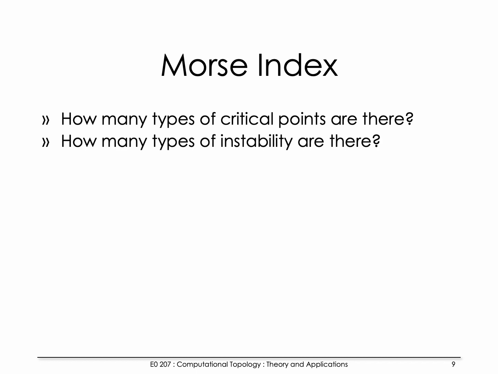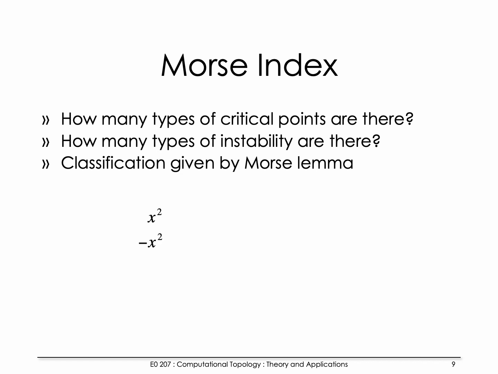How does this relate to the types of instability? How many types of instabilities are possible? We saw that the Morse lemma answers these questions. It gave a classification by stating that in the neighborhood of a critical point for a 1D function, the function can be written as either x squared or minus x squared. There is a constant term that I am ignoring here.